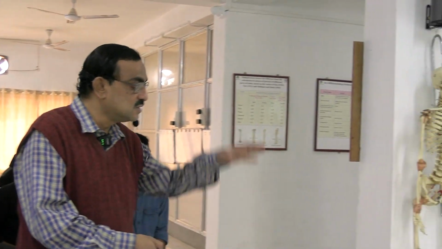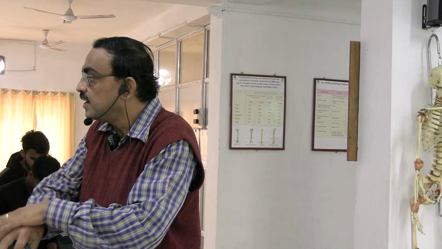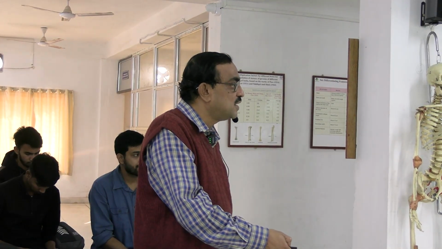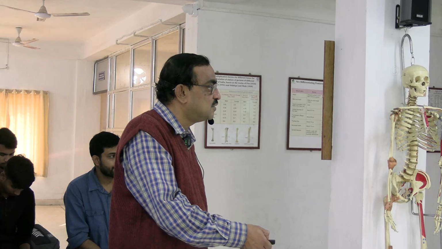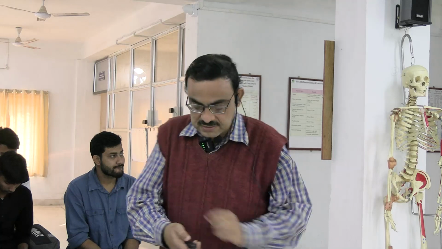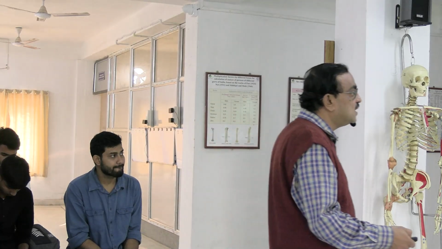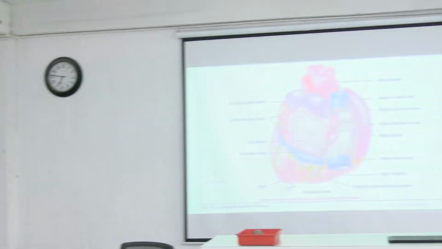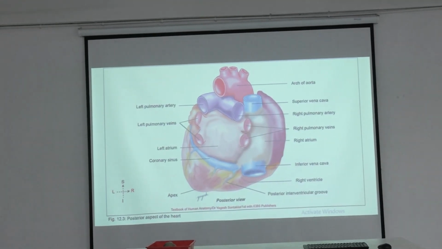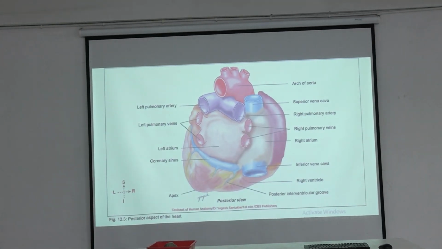This is placed on the diaphragm. So this ventricular surface, both right and left, is resting over the diaphragm, so it is not the base. Base is only contributed by the left atrium and the right atrium.